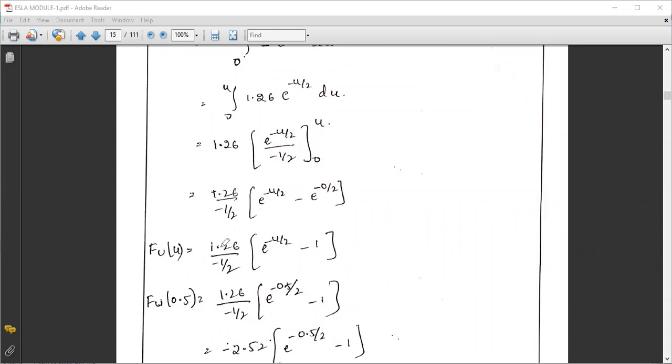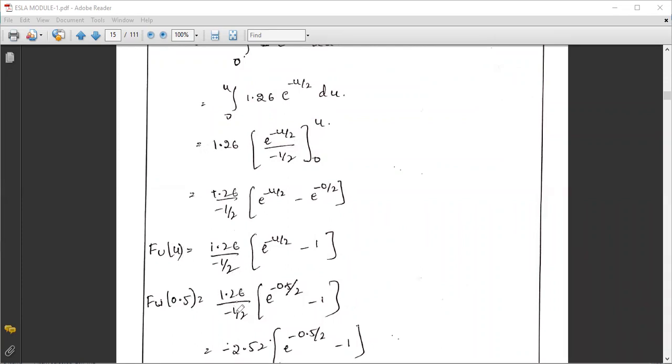Then we get f_U(u) equals 1.26 by minus 1 by 2 into e power minus u by 2 minus 1, because e power 0 is 1. Therefore, for f_U(0.5), substitute 0.5 in place of u.